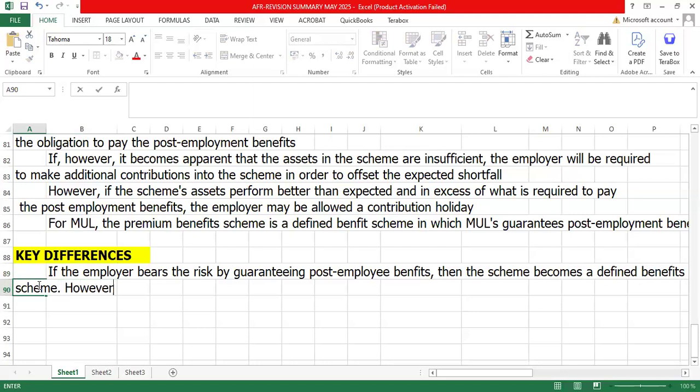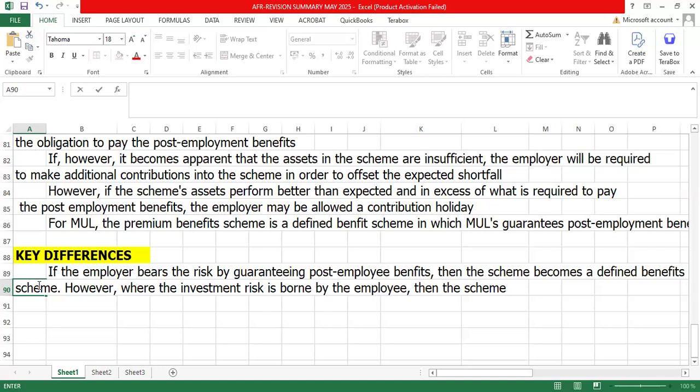However, where the investment risk is borne by the employee, then the scheme... Colleagues, who has invested money?